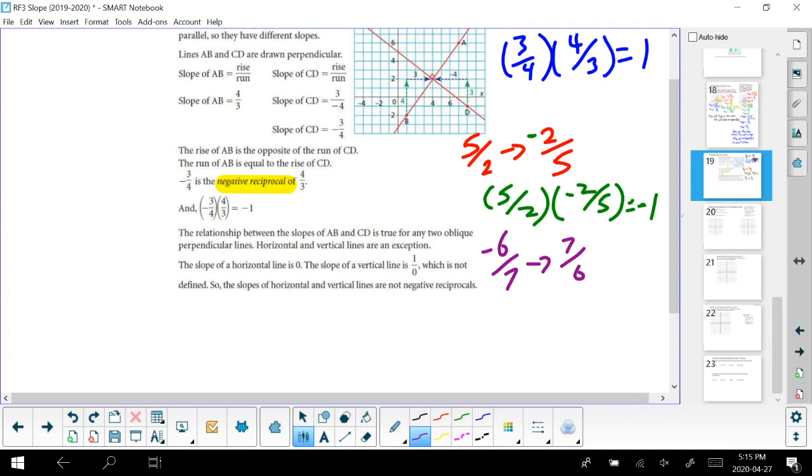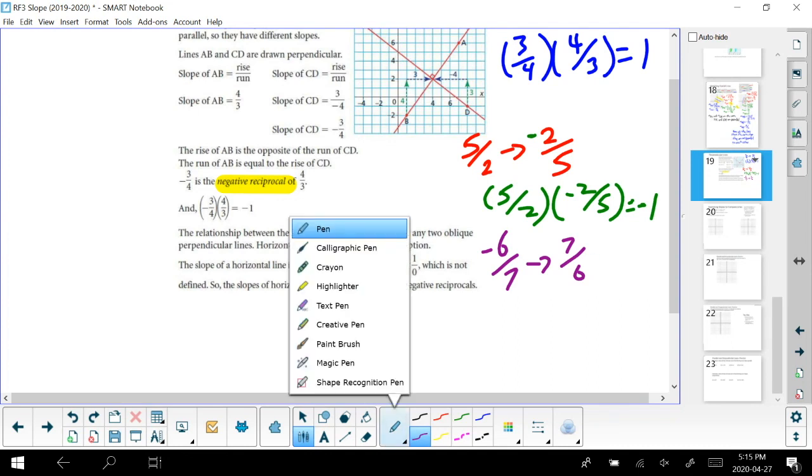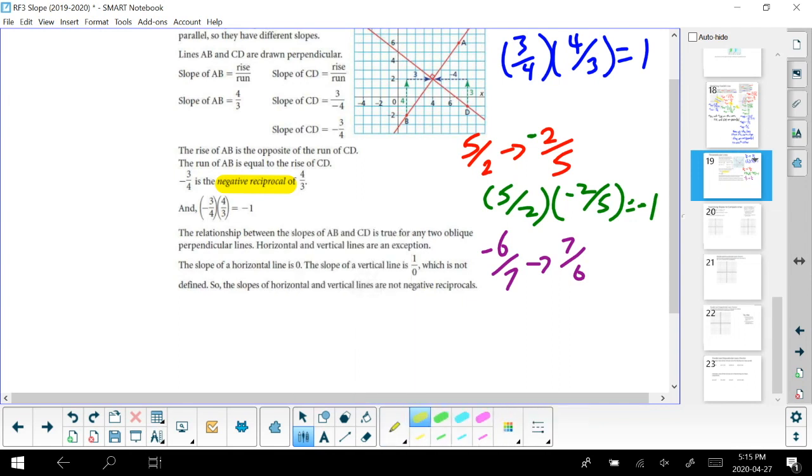Now, the only exception to this rule of having one positive and one negative slope is highlighted down here, that horizontal and vertical lines are going to be an exception. So the slope of a horizontal line is 0. The slope of a vertical line is 1 over 0, which is not defined. So their slopes are not negative reciprocals of each other.